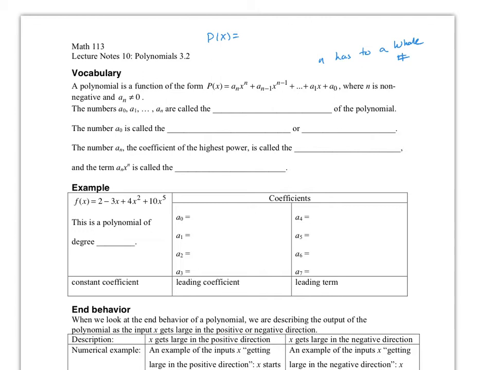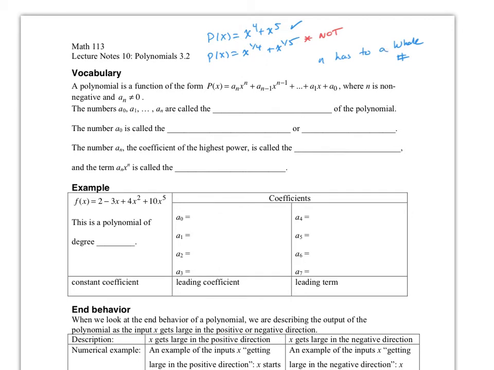You even had this on the exam. x to the 4 plus x to the 5th. This is a polynomial because the values for n here are 4 and 5. But if you have p of x equals x to the 1/4 plus x to the 1/5, this is not a polynomial. So the exponents have to be whole numbers.